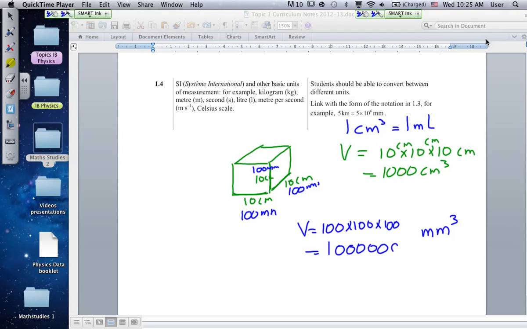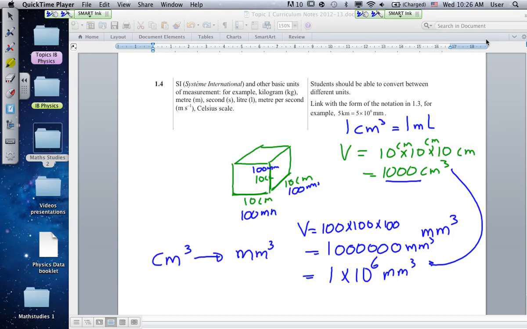What would that be in scientific notation? Well, we could write it as 1 times 10 to the power of 6 millimeters cubed. So if I go from centimeters cubed to millimeters cubed, what do I multiply by? This is 1,000 centimeters cubed, and now we've got 1,000,000 millimeters cubed.